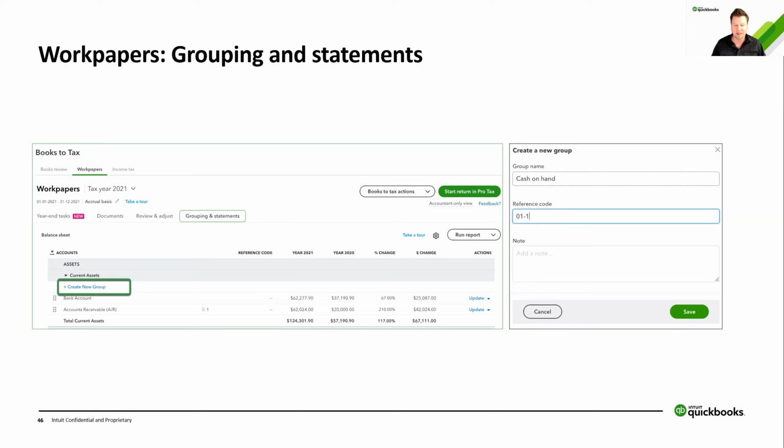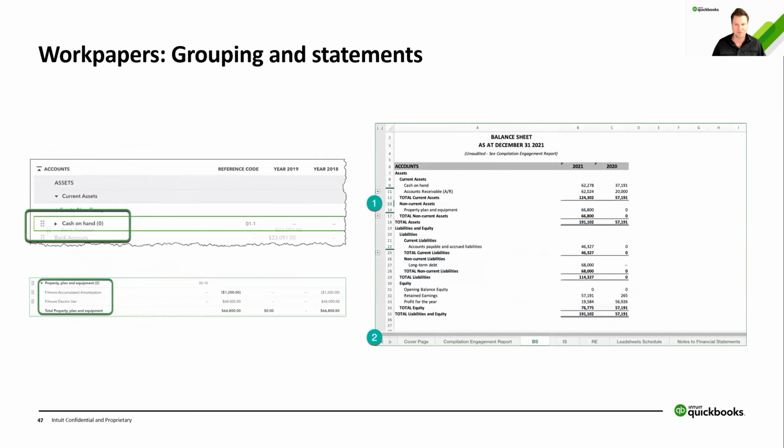On the right-hand side, you see that little note tab, and we'll go through that again. The ability to add notes to any area is really great for facilitating communication with your team. I talked about the cash. This is just giving an example of the cash on hand. And when you see an arrow that is pointed to the right, that means that is a grouped account.